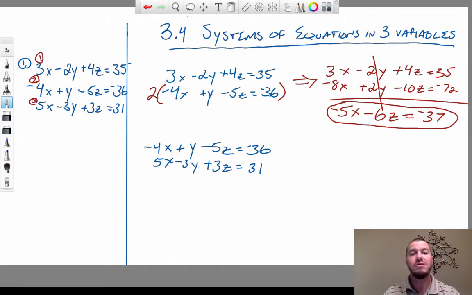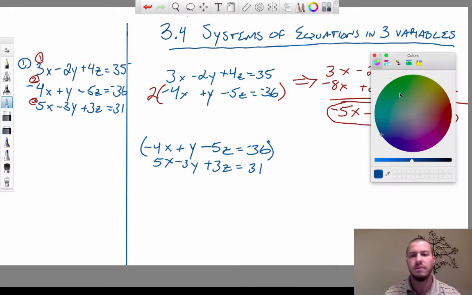So now I'm going to use equation 2 and equation 3 to eliminate the y. I have to eliminate the same variable because my goal here is I want two equations with two of the variables, and then it's going to be just like the Algebra 1 solving systems with two variables. So I'm going to need to multiply this equation by 3.